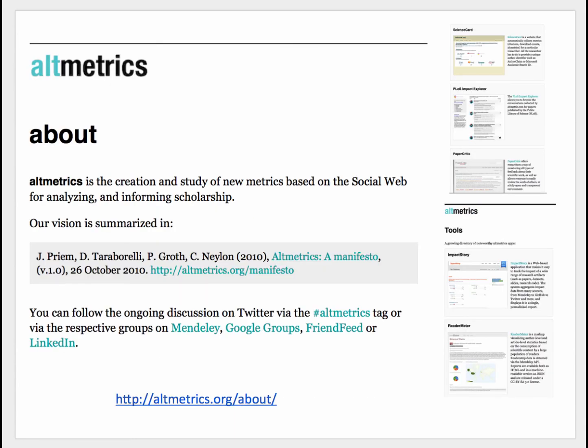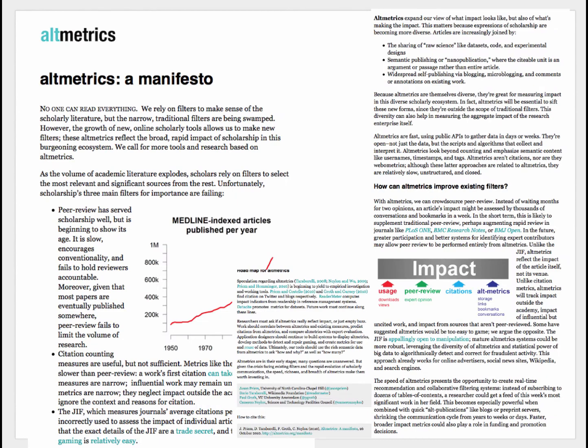So this is a definition that Jason Priem was responsible for: the creation and study of new metrics based on the social web for analyzing and informing scholarship. It notes here also that there's a hashtag for altmetrics if you want to follow it. And there are respective groups who are studying it on Mendeley, Google Groups, FriendFeed, and LinkedIn.